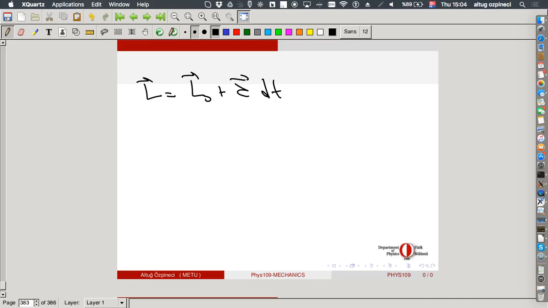So if you just wait for a very small amount of time, suppose this is the initial angular momentum, this is how much the angular momentum changes, and hence the final angular momentum is just L0 plus tau times dt.